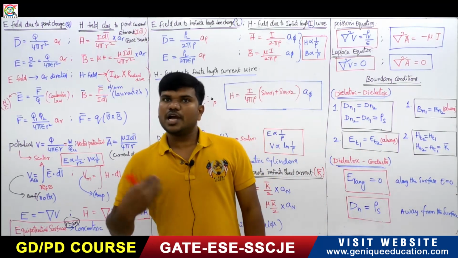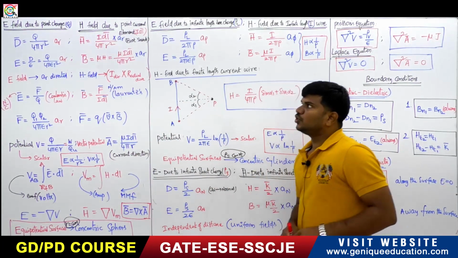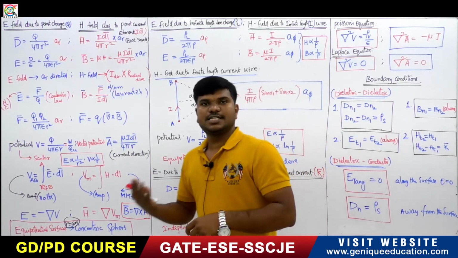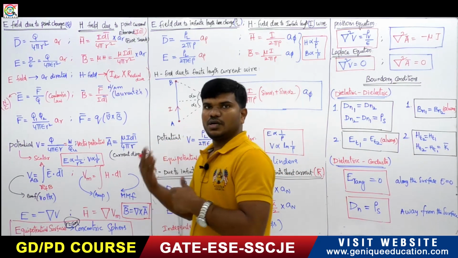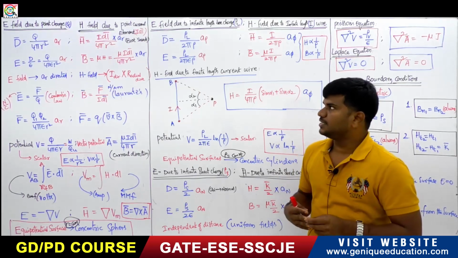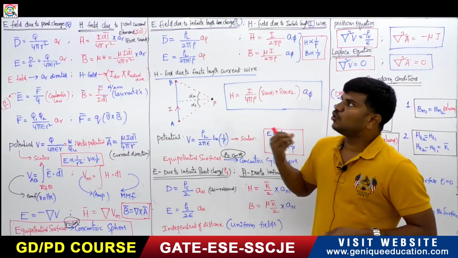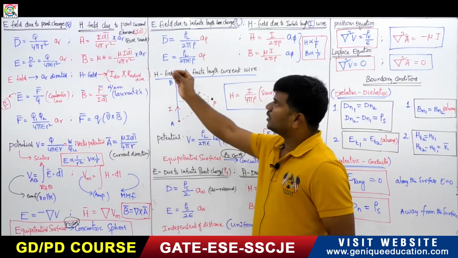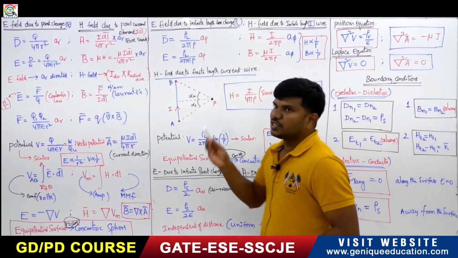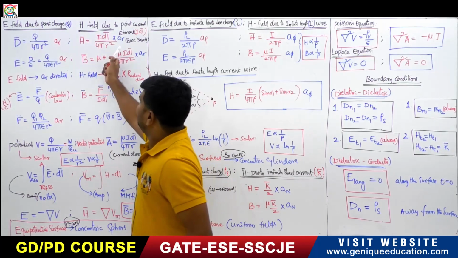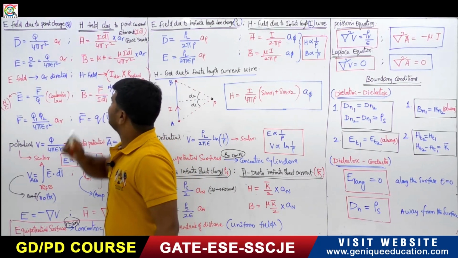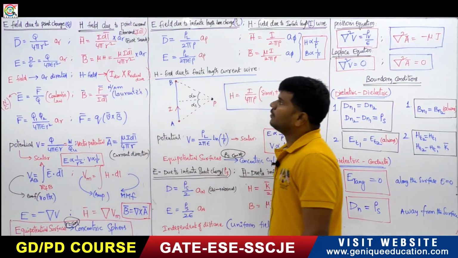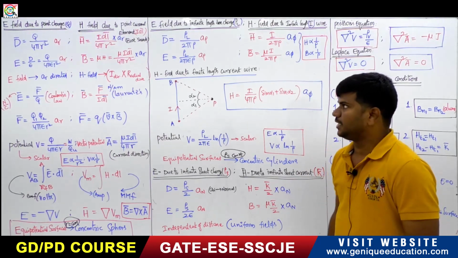So we came to know that due to the point charge the electric field is generated, and due to the point current element the magnetic field is generated. So what will be the amount of electric field generated by the point charge? First of all you have to identify the expressions of these two, magnetic flux density and electric field intensity.